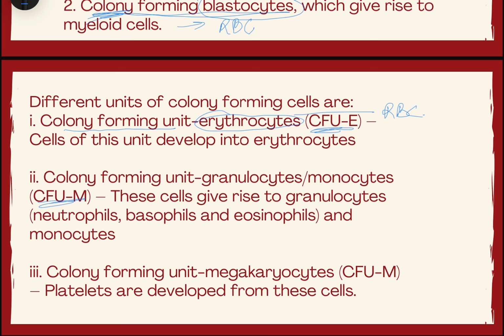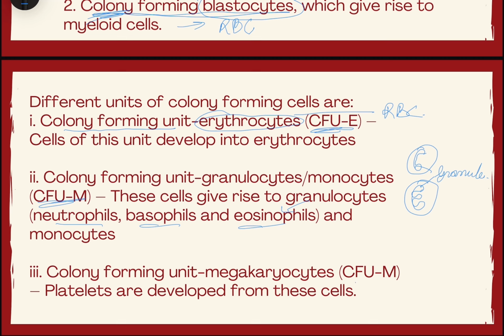We all know that granulocytes are those that have granules in them. So you have all seen this kind of structure in our science textbooks as well. So these are nothing but the granules that are present in the cell. So they can be neutrophil, basophil and eosinophil, the granulocytes, and also the monocytes, and also the colony forming unit megakaryocytes.